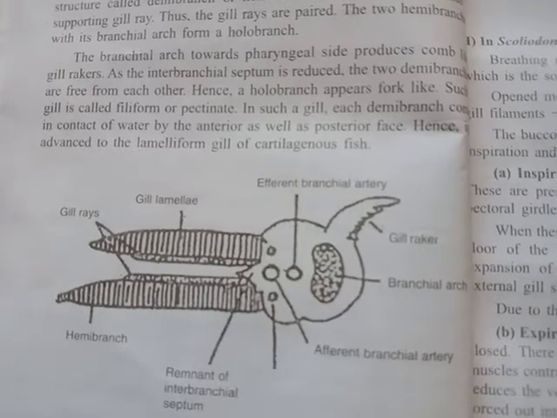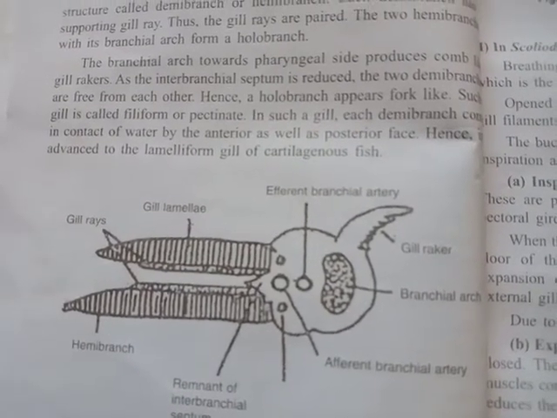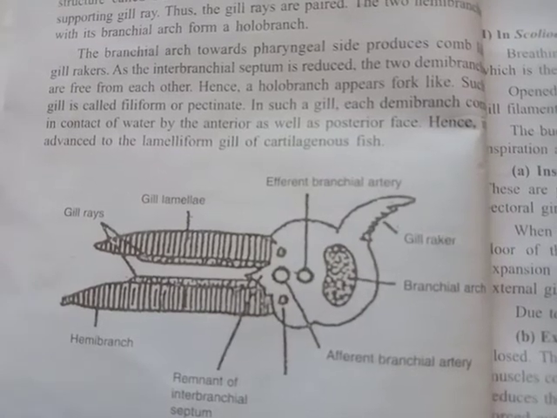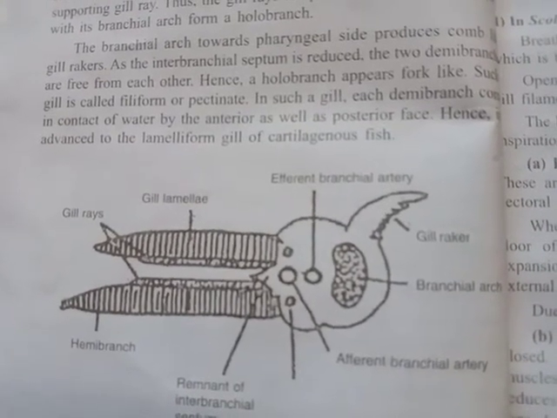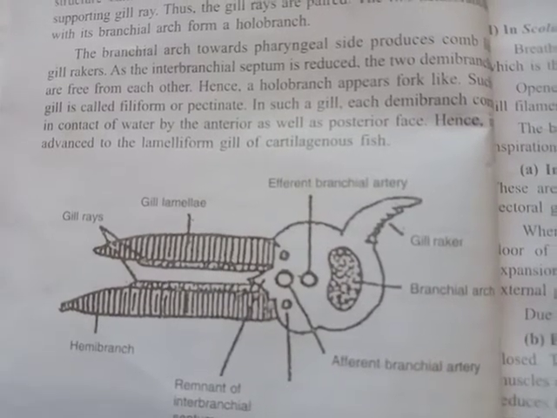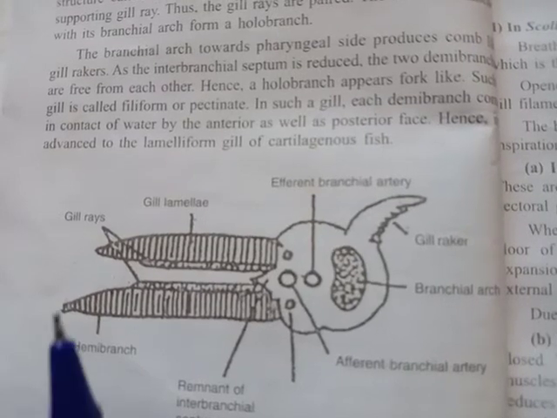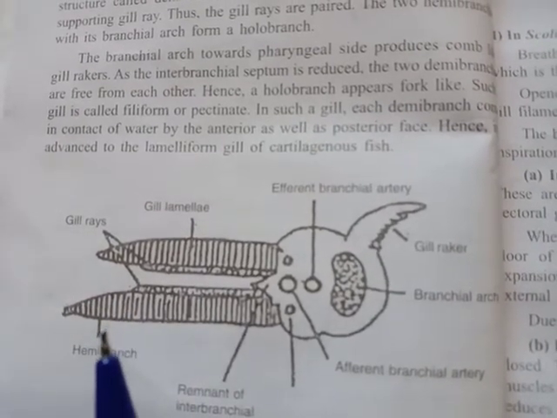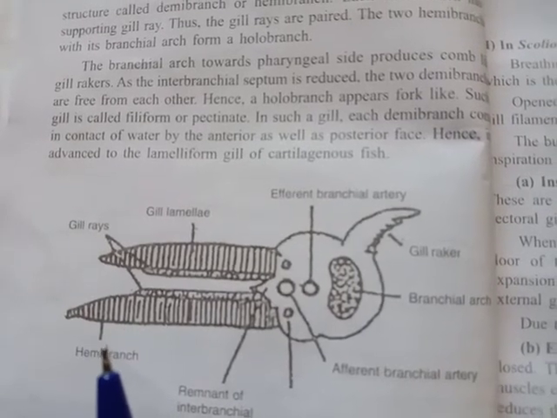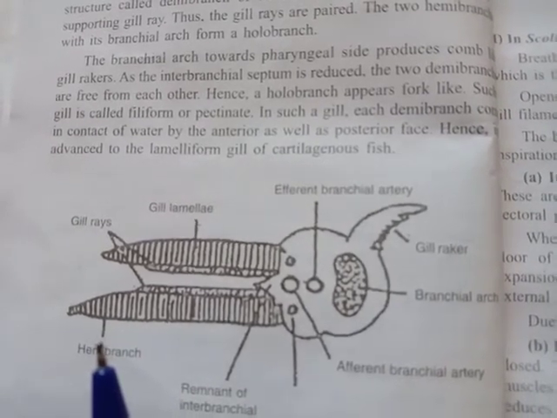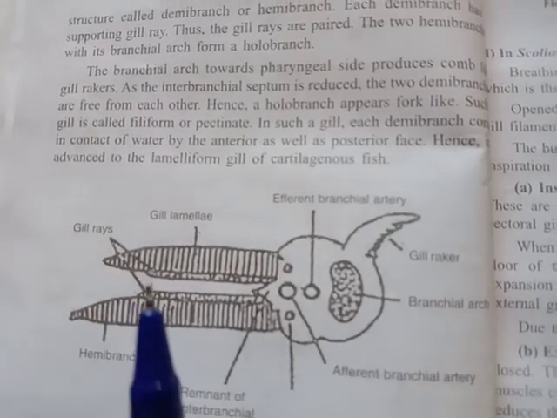The endodermal mucous membrane of gill clefts produces branchial filaments. The branchial filaments of one side collectively produce a structure called a demibranch, also called a hemibranch. Each demibranch has a supporting gill ray.